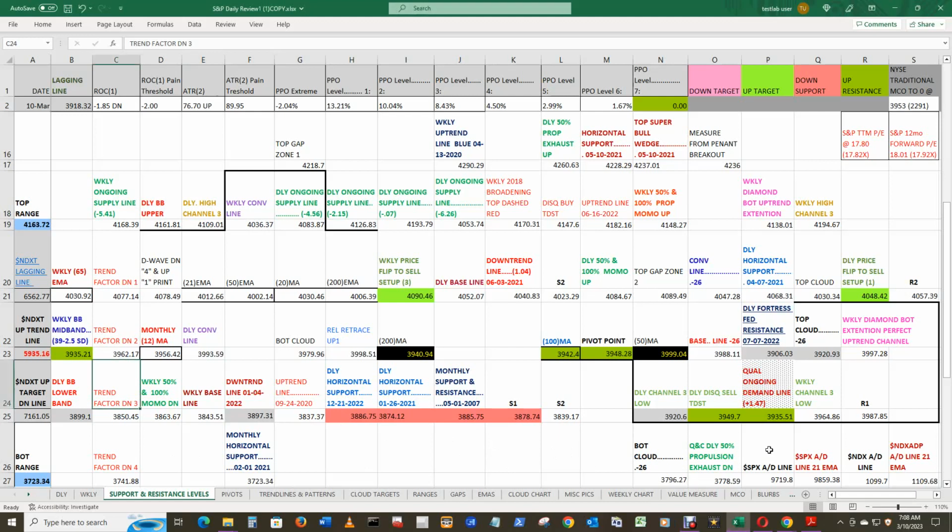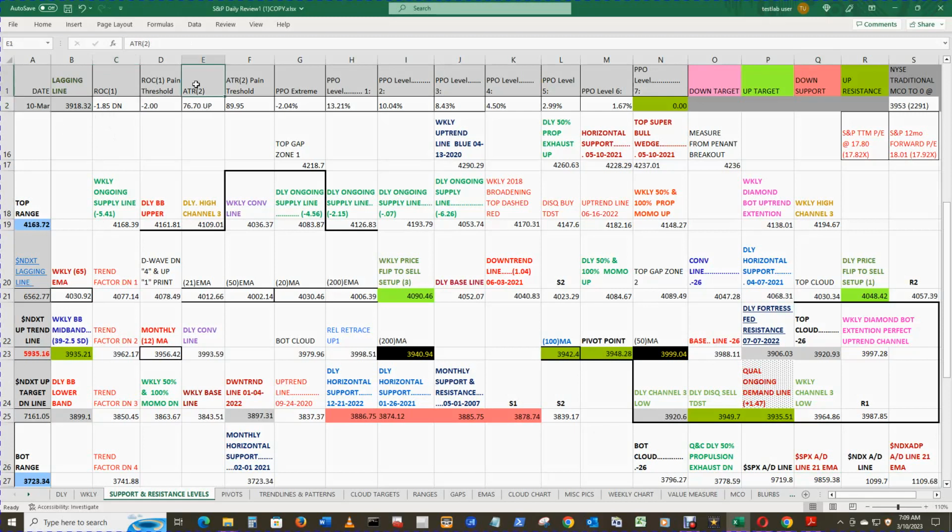And the S&P 500 daily AD line and the NDX daily AD line are under their signal lines 21 EMA. And the RAC 1 closed under its negative volatility line at 1.0, closed at 1.85 is pointed down.